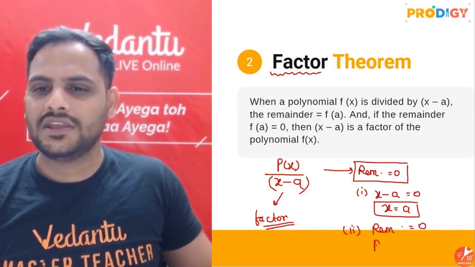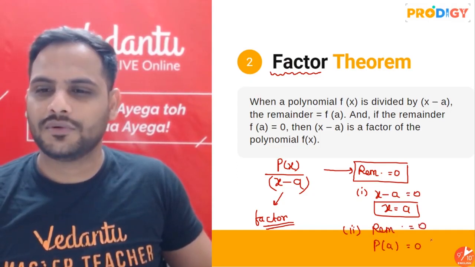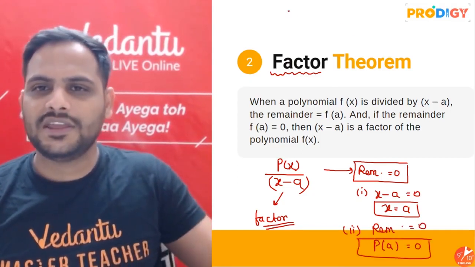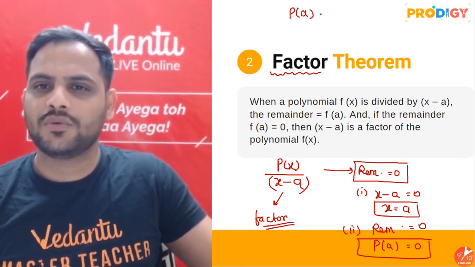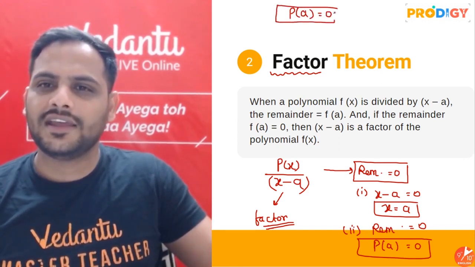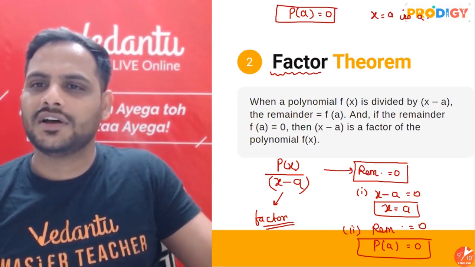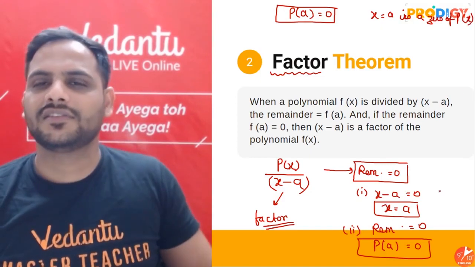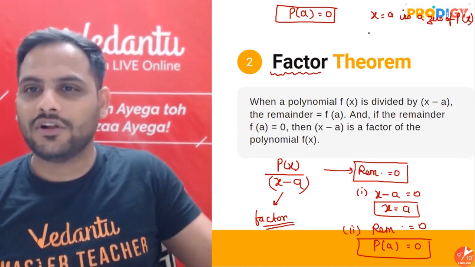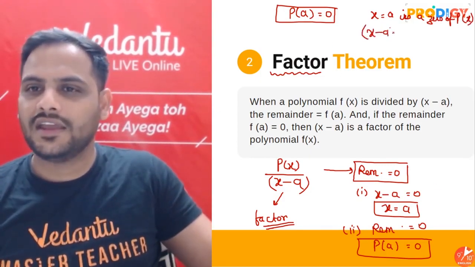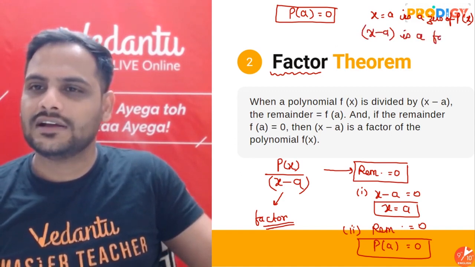That means p(a) will be equal to 0. So if p(a) becomes equal to 0, I can say x equal to a is a zero of polynomial p(x). And I also know x minus a is a factor.